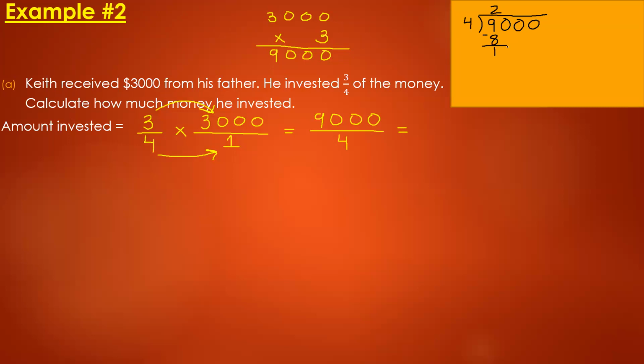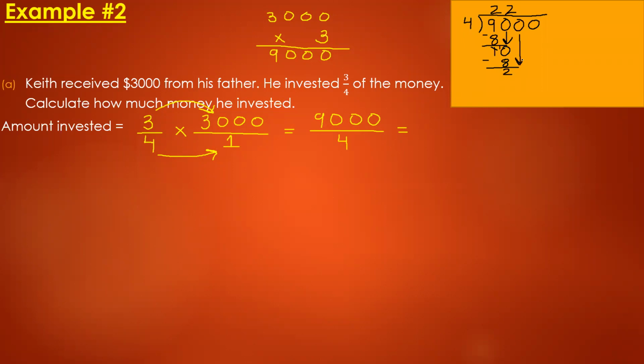Bring down the 0, very good. How many times does 4 go into 10? Twice. What is 4 times 2? 8. And we do 10 minus 8, which is 2. Very good.